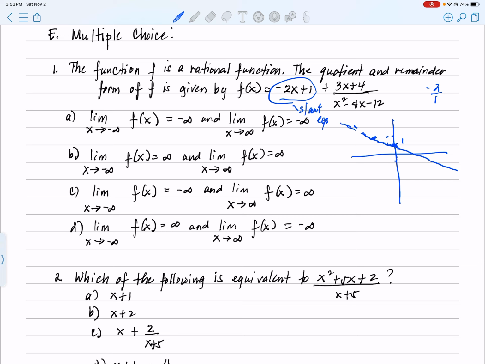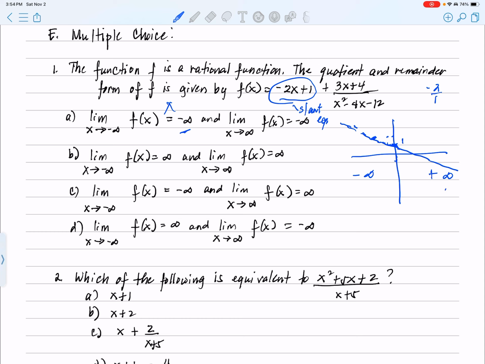Since the choices are talking about infinity, this is positive and negative infinity. What happened to our function? As x approaches negative infinity, is it negative infinity? No, it's positive infinity. And if x approaches positive infinity, is it positive infinity?